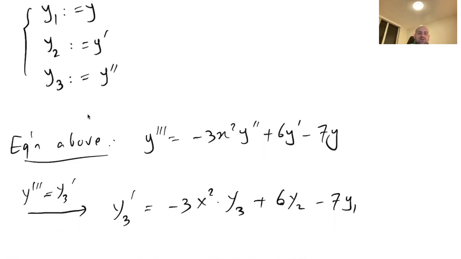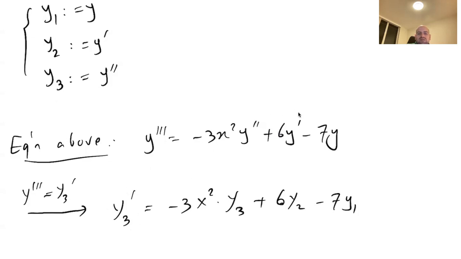So this equation here, we replace this one as derivative of y3. We are okay with the derivative of any of these functions because we want to have first order system. So we are okay with the first derivative of any of these unknown functions. We just don't want to go higher than first order derivative. So it's okay to have y3 prime because it's okay to have first derivatives involved or appeared.